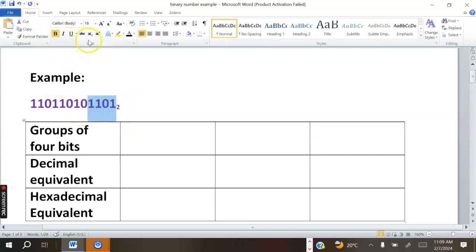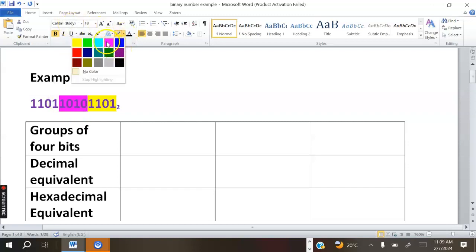So we have the first bunch. Maybe we can give this a different color. Then we have this one, another group, another color there, and lastly we have this one. Give it a different color. So what we have done is arranged the number in groups of 4.